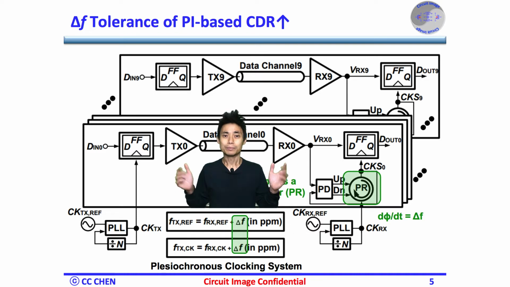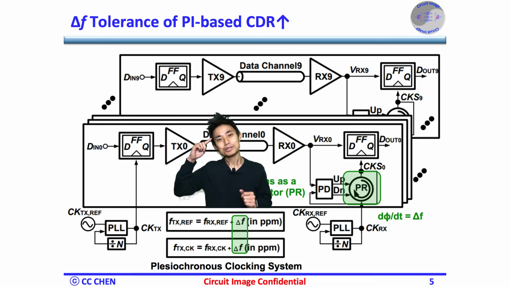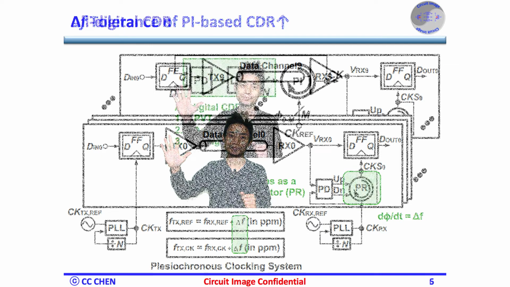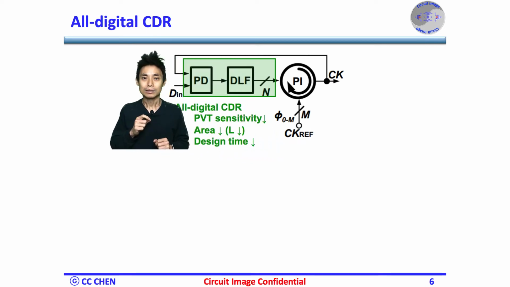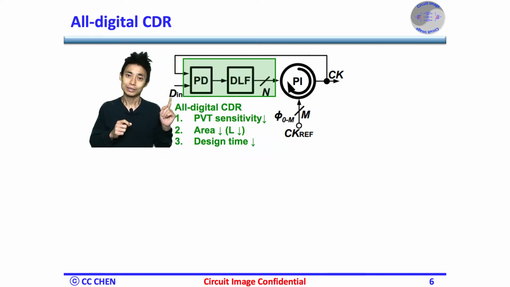What else could make the PI-based CDR more beneficial than the DL-based CDR? Think about your digital images for 5 seconds. Correct. The PI-based CDR could be implemented as an all-digital CDR as shown here, which has all the advantages of the digital circuit.